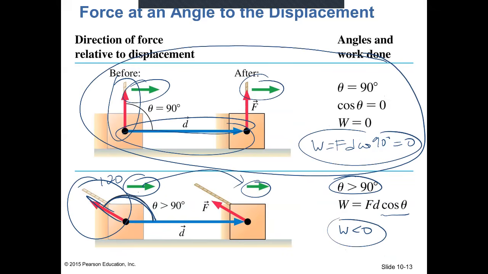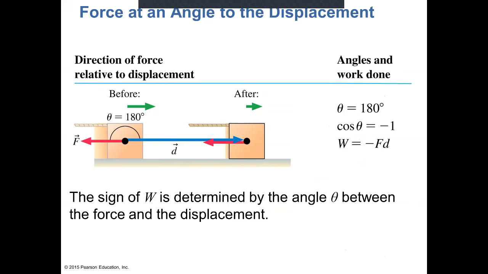Because with things like this, you remove energy, so it has less energy to move, so it moves slower. And then obviously, here's a case where you are pulling the box as it's moving. The box is moving to the right, you're pulling to the left, and the angle is 180 degrees between them.